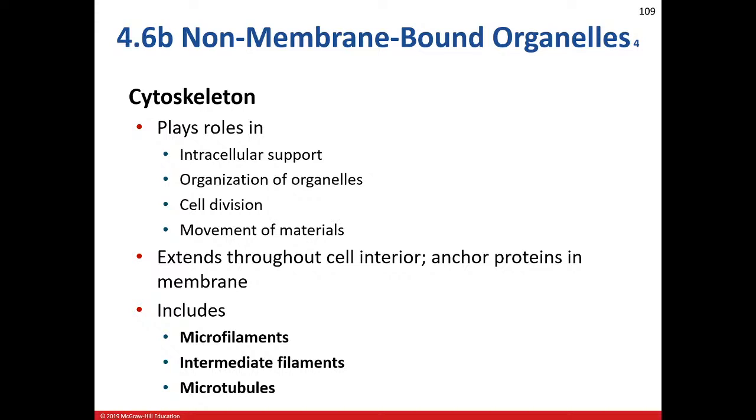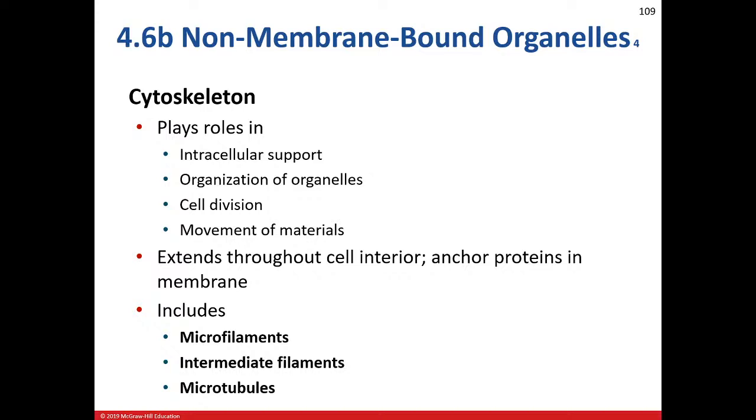All right, so the cytoskeleton plays a role in intracellular support, as well as the organization of organelles, cell division, and the movement of materials. This is, again, the skeleton of the cell, and it is a protein network made up of different types of filaments called microfilaments, intermediate filaments, and microtubules.